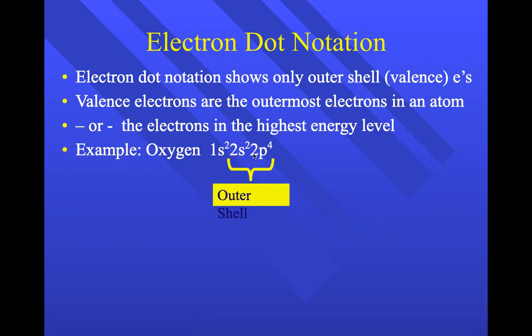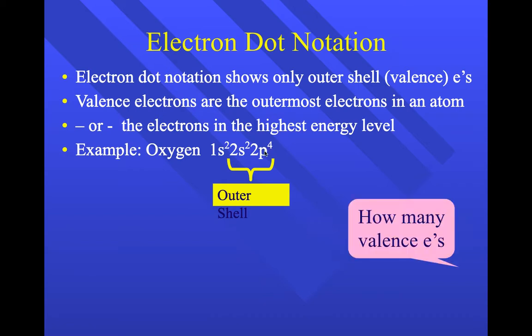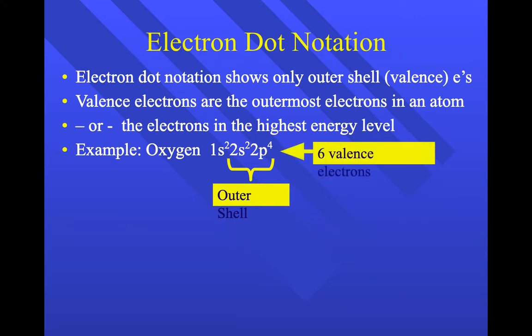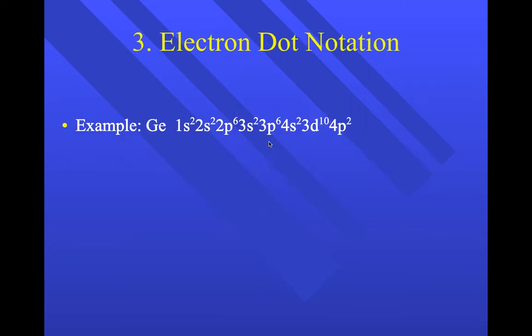They're in the second energy level. So those 2 electrons in the s suborbital and the 4 electrons in the p suborbital are the highest energy electrons. Those are the valence electrons, the ones involved in bonding. So these 2 and these 4 electrons are our valence shell electrons.